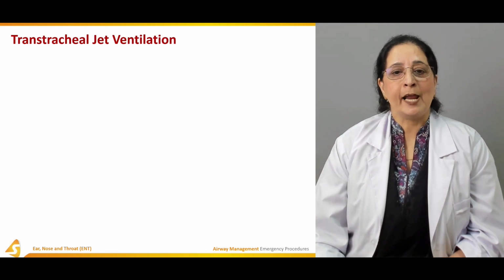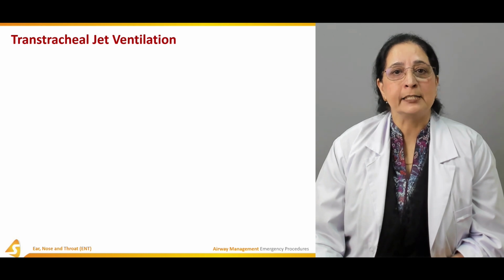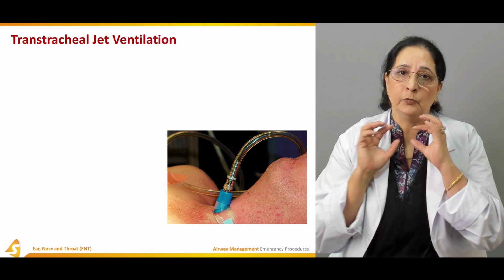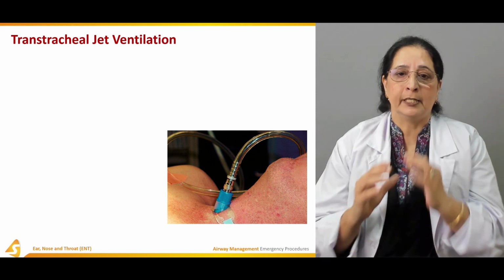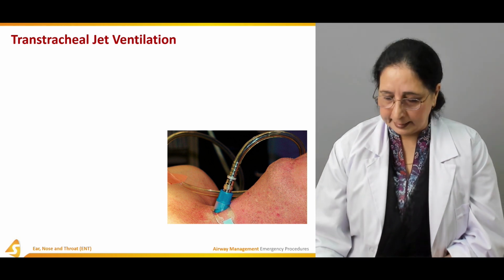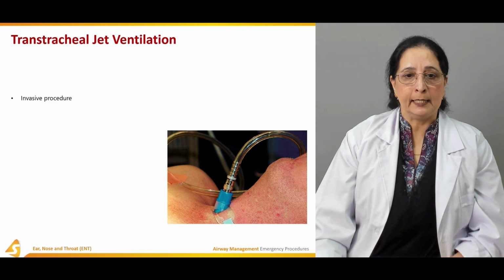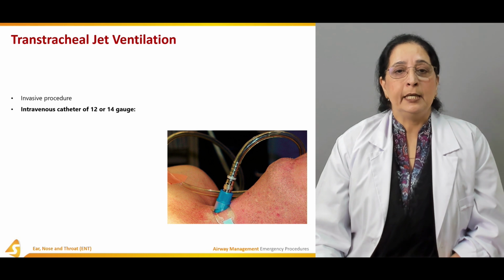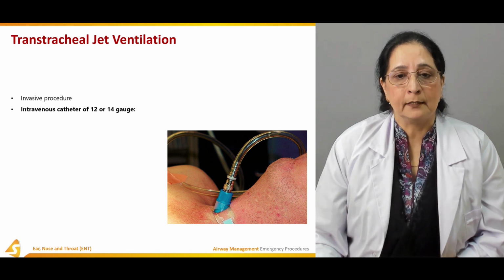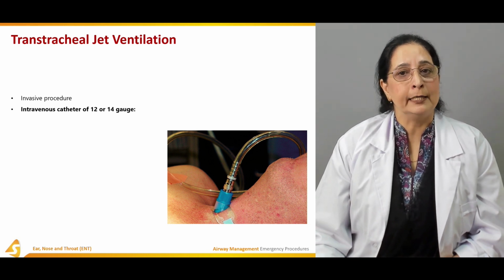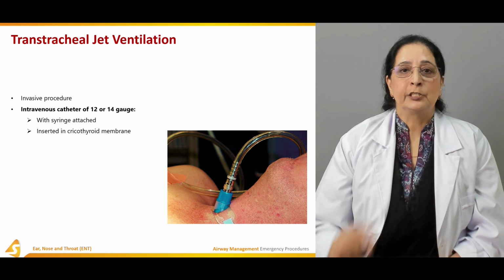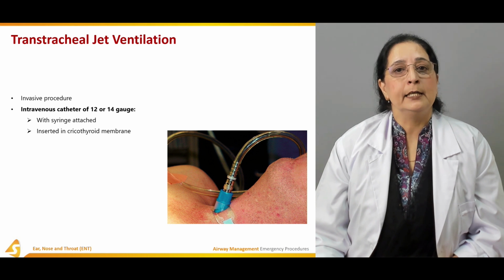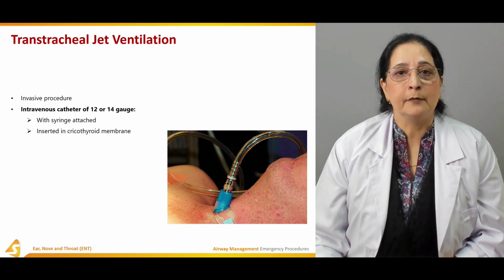Then transtracheal jet ventilation. Transtracheal, through the trachea. What is this technique? It's an invasive procedure in which an intravenous catheter of 12 to 14 gauge with a syringe attached is inserted in the cricothyroid membrane.